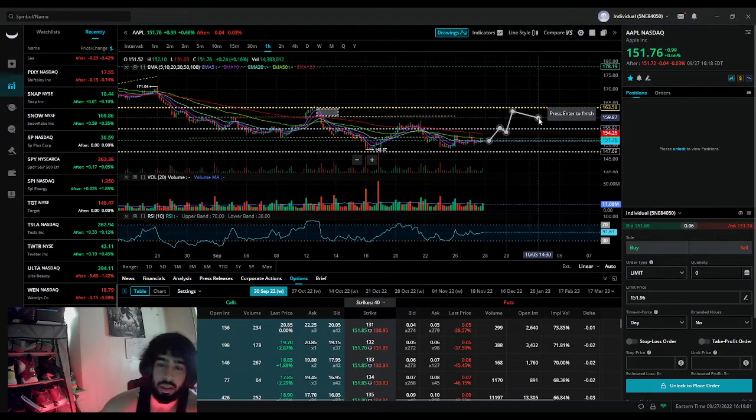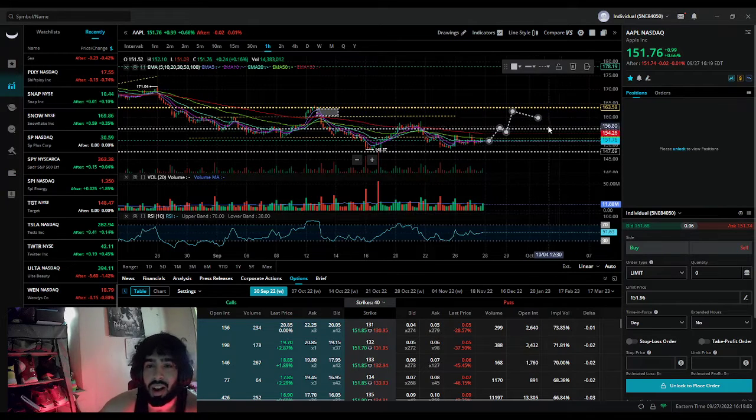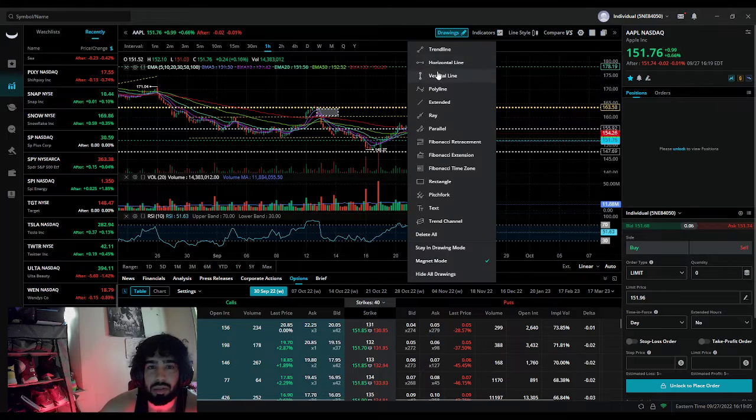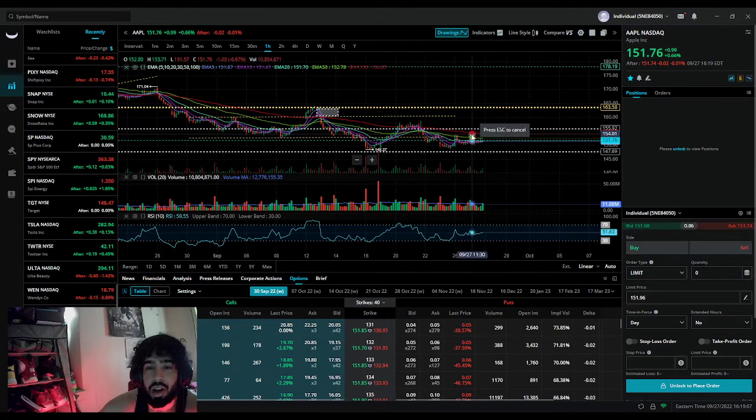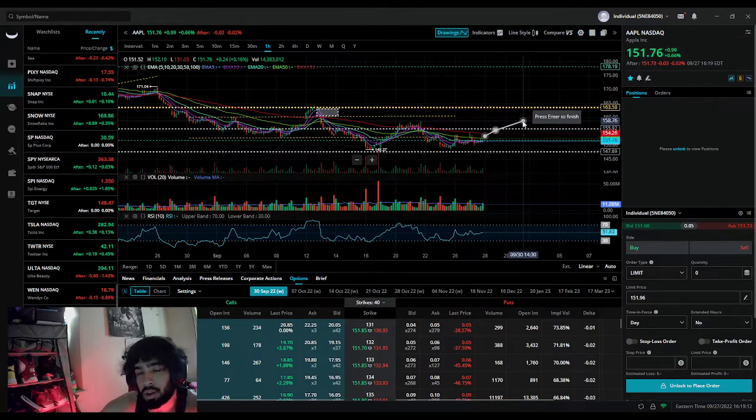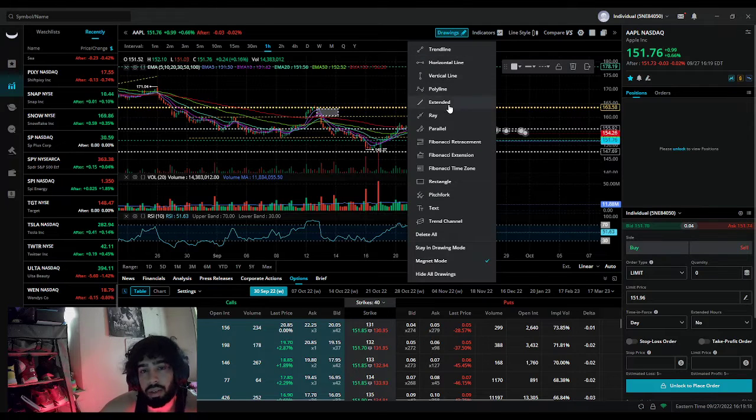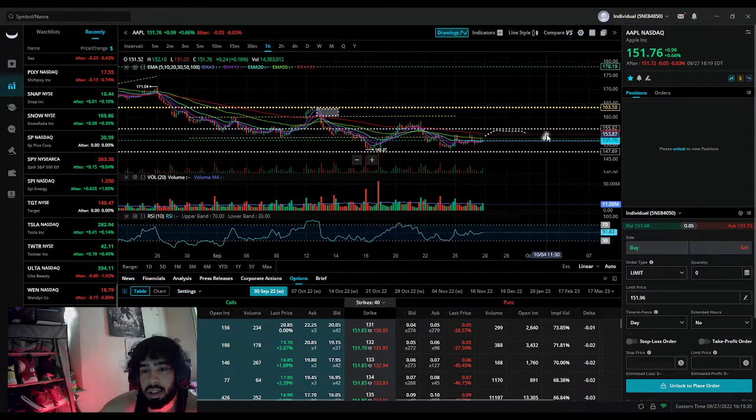Oh, I lied. Let me just get rid of that. This is too much. That move is way too big. I'm expecting a little move tomorrow, probably to like 155, a $4 or $5 move, and then just consolidate for a little bit. But I could also see it come up a little bit, touch this, and just consolidate.